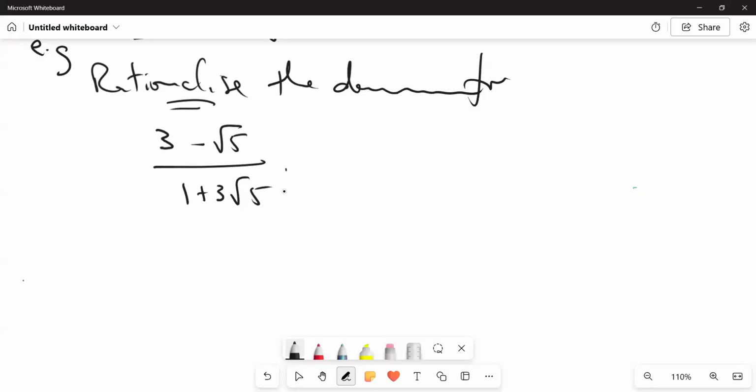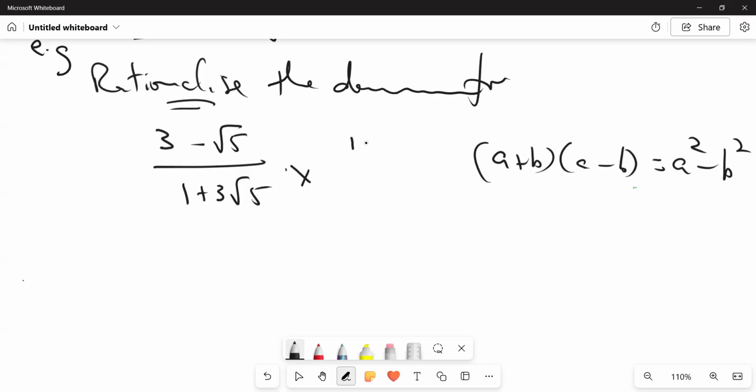You make use of that same thing that we had, that a plus b times a minus b is equal to a squared minus b squared, right? So we're going to do that here. We're going to multiply the denominator by what we call the conjugate of 1 plus 3 root 5. So you get 1 minus 3 root 5 over 1 minus 3 root 5.